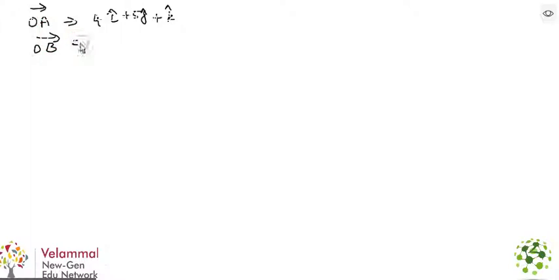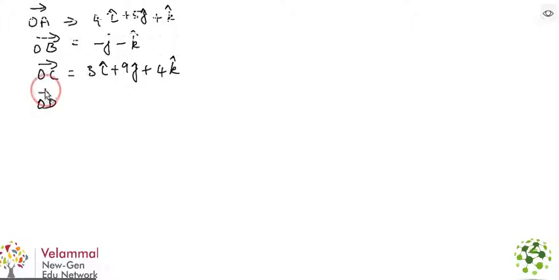B is minus j minus k, OC is 3i plus 9j plus 4k, and the point D is minus 4i plus 4j plus 4k. So there are 4 points given to you, and you are supposed to show that these 4 points are coplanar.